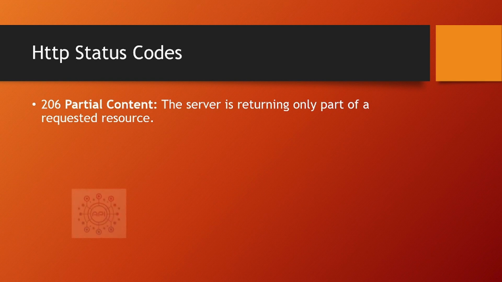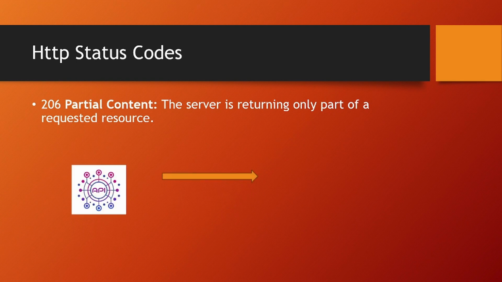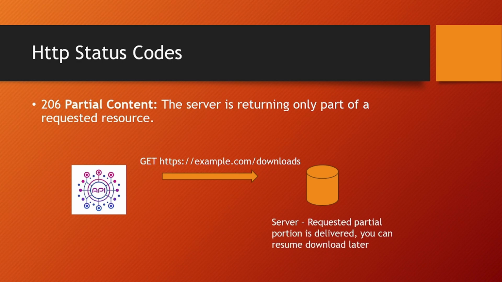What happens here is, whenever there is a request to the server to download something, but you don't want to download it in one go, the server will stop or pause it for some time and give you the partial response. You can resume by saying download again after some time.